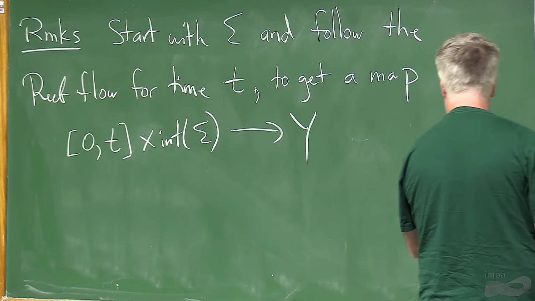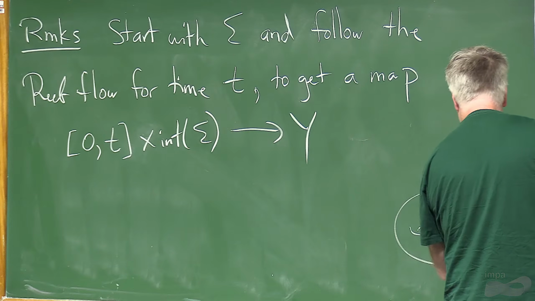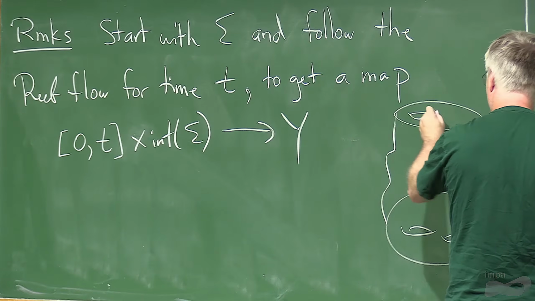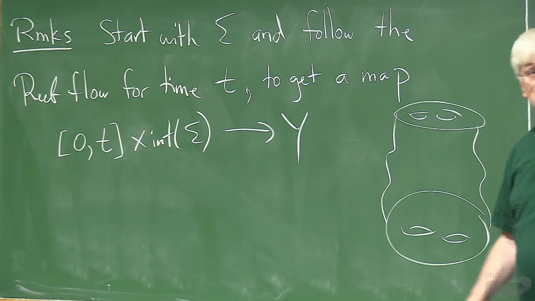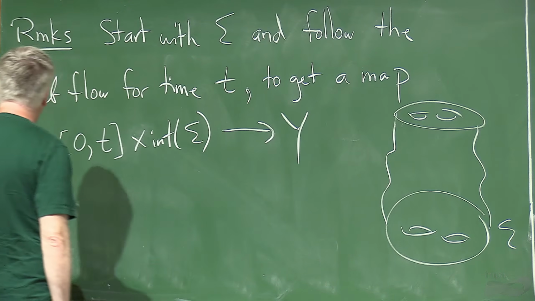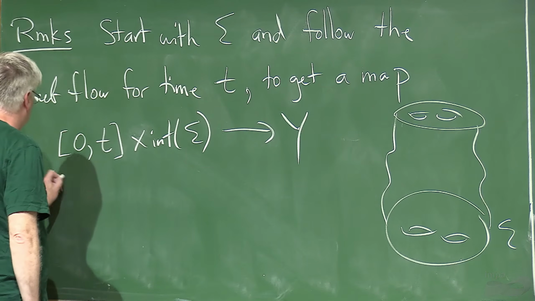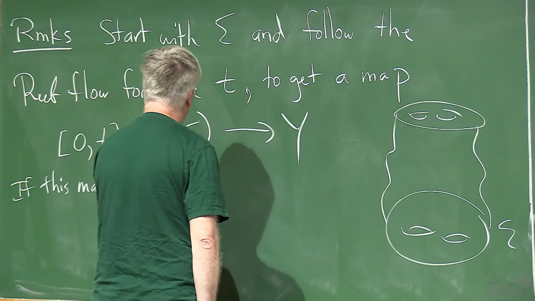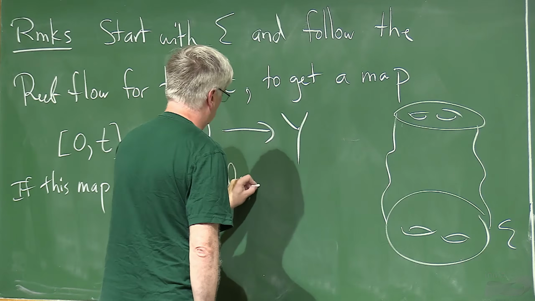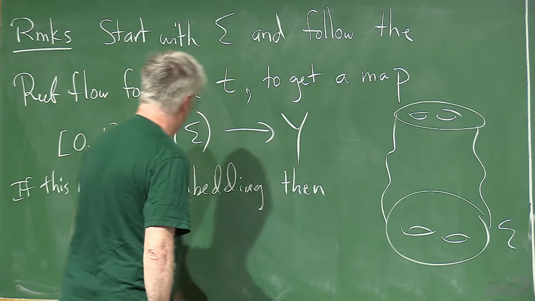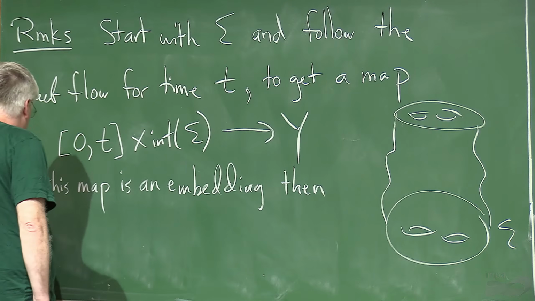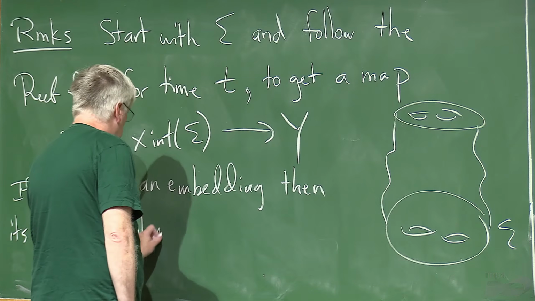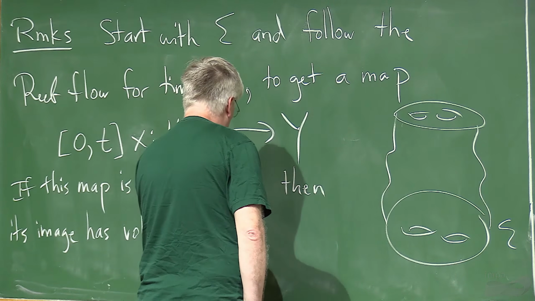So here's Σ, and I start flowing it. I'm going to generate some kind of tube in the manifold. If this map is an embedding, then its image has volume T times the area of the surface.